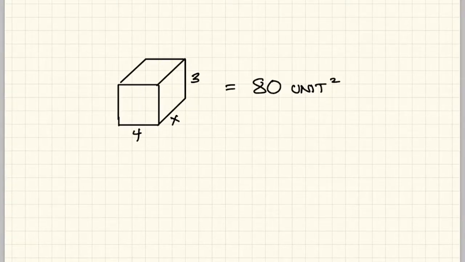I could say the bottom is, now watch what I'm about to do here, 4x. That's the bottom, 4 times x. The top is 4 times x. You see that?